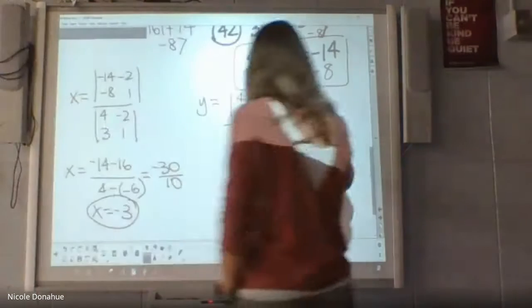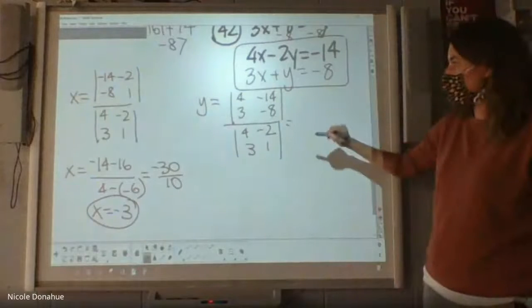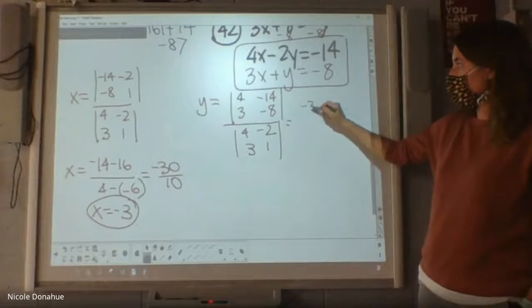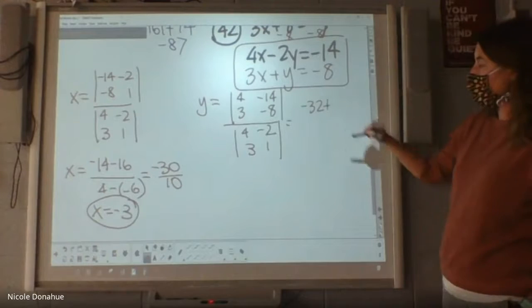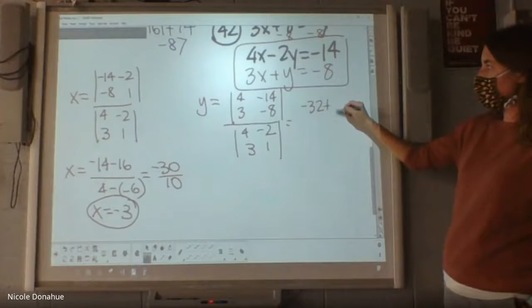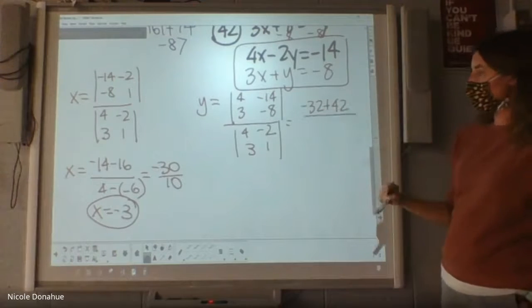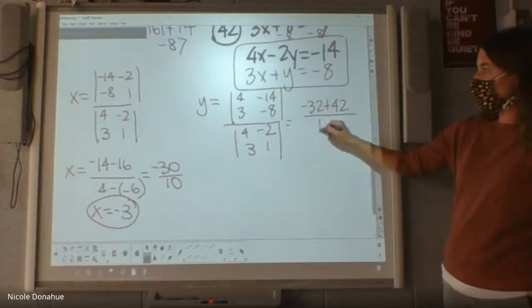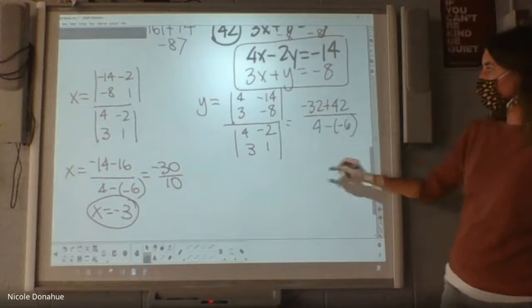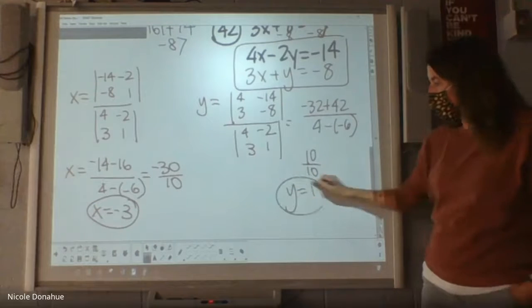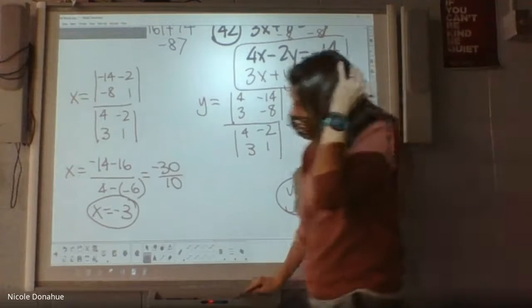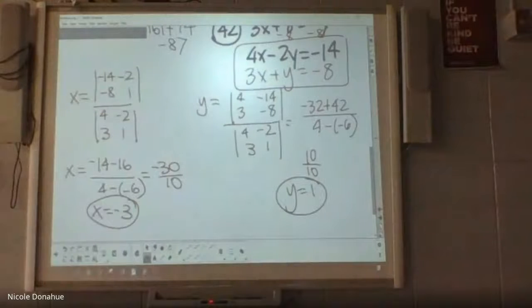Over here, I get negative 32 minus a negative 14 times 3, so that's 42 over 4 minus a negative 6, so 10 over 10, so y ends up being 1. Questions?